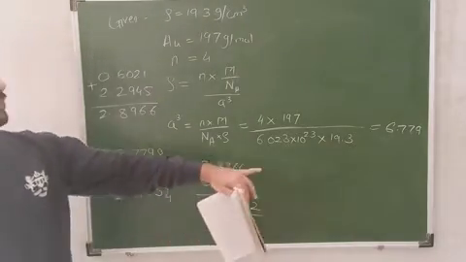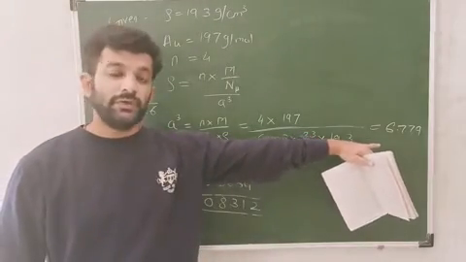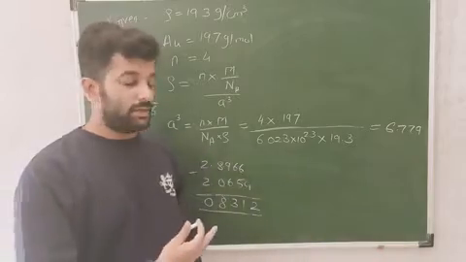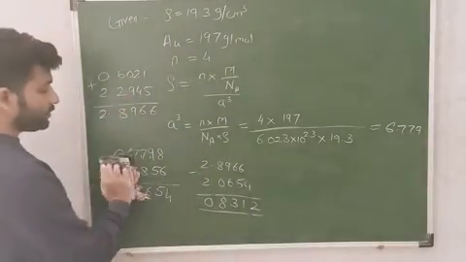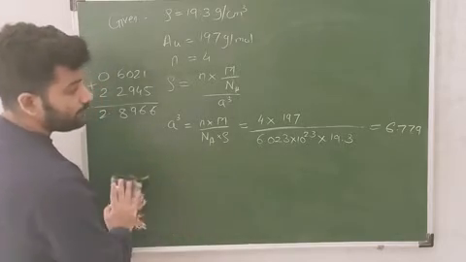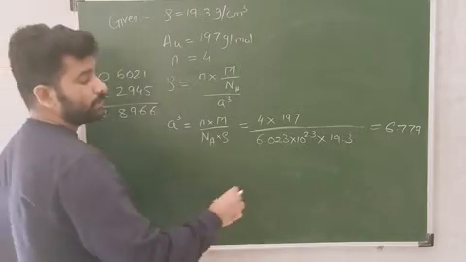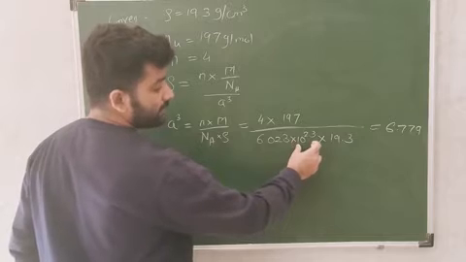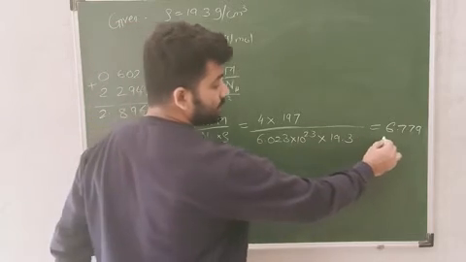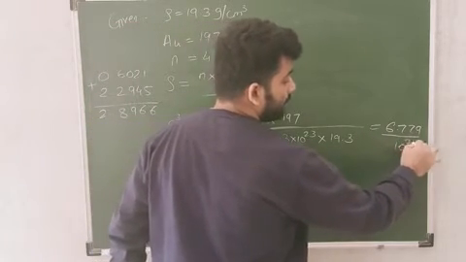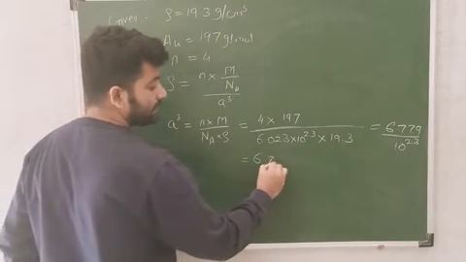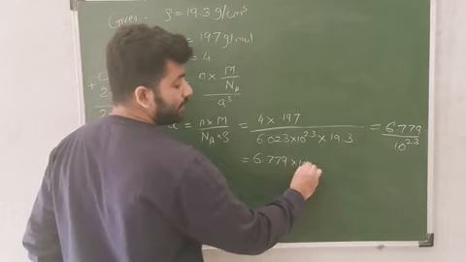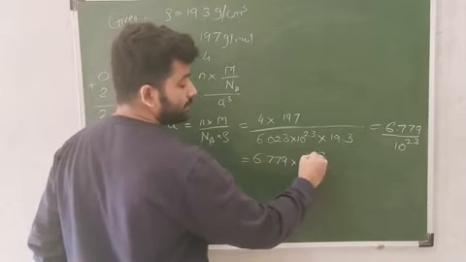Now we will need to take the cube root of the given answer to find out the value of a. So how are we going to find the cube root of our answer? First, we are going to adjust this 10 raised to 23, which will go up, and it will go as 6.779 into 10 raised to minus 23.